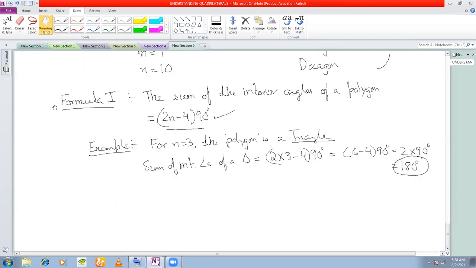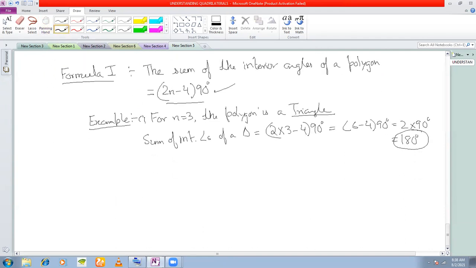What about a quadrilateral? What is the sum of interior angles of a quadrilateral? For n is equal to 4, the polygon is a quadrilateral.